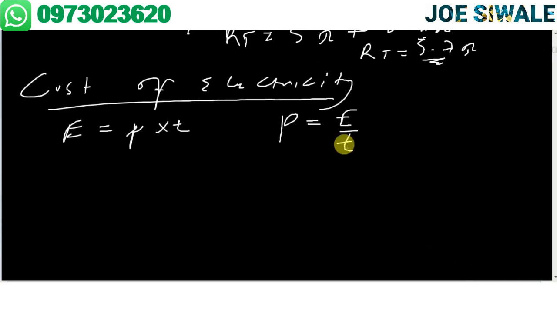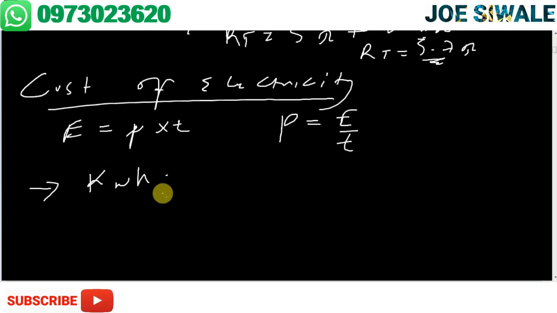Let us now look at the cost of electricity. As you know, the electricity that we use in our homes, we pay for it. And here in Zambia, we use ZESCO. And if you have been given the ZESCO units, they're going to be in kilowatt hour. So these are the units of electricity, and you need to pay for them. And we know that from our previous formula, we said power is equal to energy divided by time.